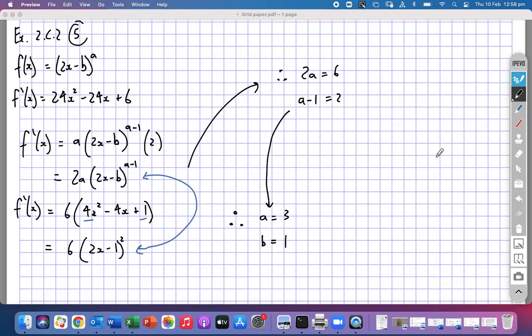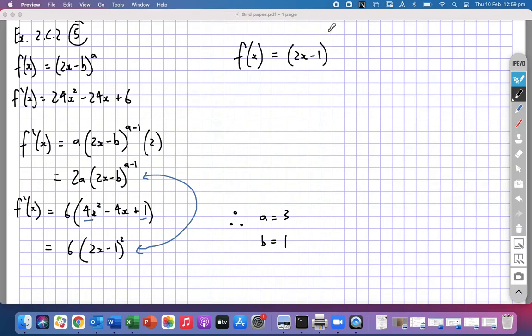All right, so I might leave that one there. I'm just thinking you could check it if you wanted to. You could say, all right, if my function really is (2x minus 1) cubed, well, we could expand this out.